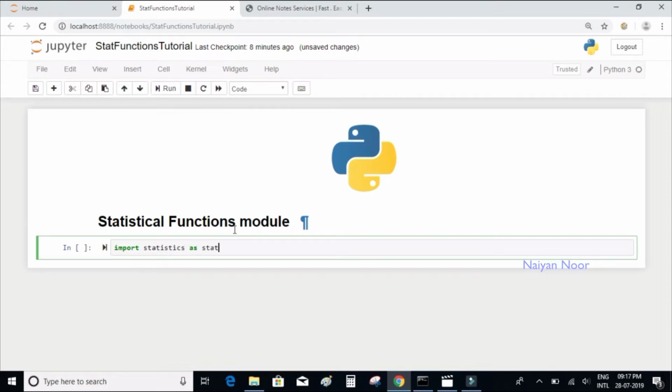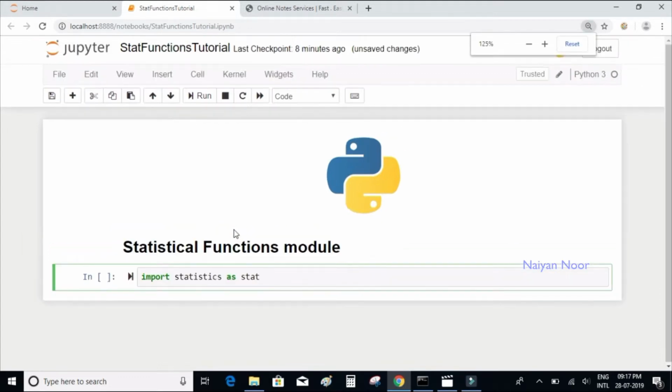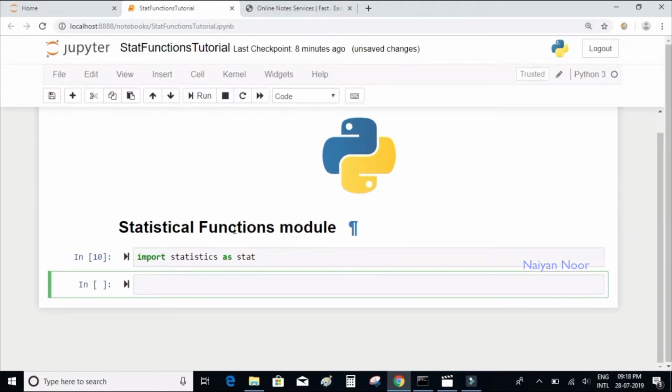We'll import it with an alias called stat, just to make it simple so that you don't have to write a lot of words each time. Okay, so we're importing statistics as stat, and let us first take a look at the mean function.